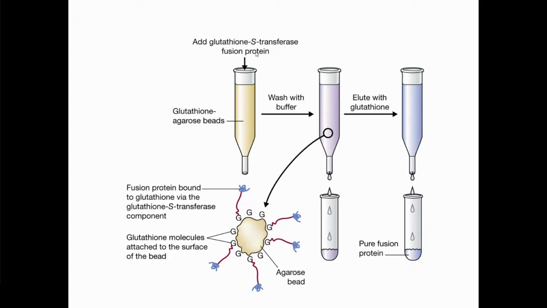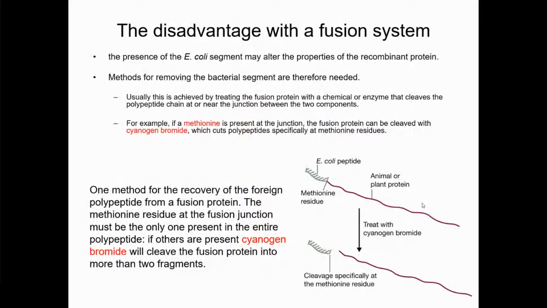In this example, you have the glutathione S-transferase fusion protein, and you go through a column of glutathione agarose beads. The proteins will bind to the beads and stay there, so that all the irrelevant material is separated from the target protein. Later on, you can elute the protein. That's how you purify and isolate the pure fusion protein.